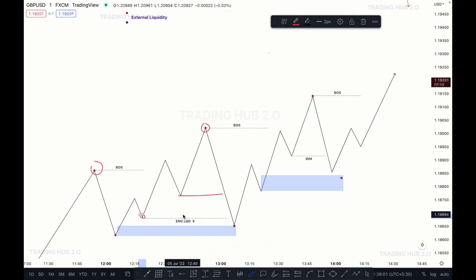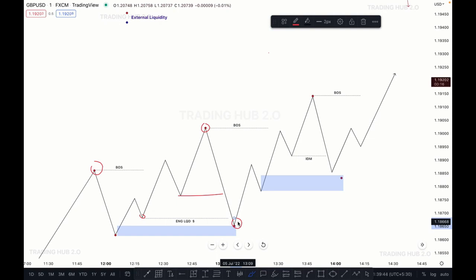So what is the meaning of these two types of liquidity? First is inducement, which gives a 50% chance that the market goes in your favor, and maybe the market pushes downside to take engineering liquidity and then goes higher. So engineering liquidity is our high probability zone to take a buy or sell on this trade. It depends on the condition whether the engineering liquidity or inducement is valid or not.